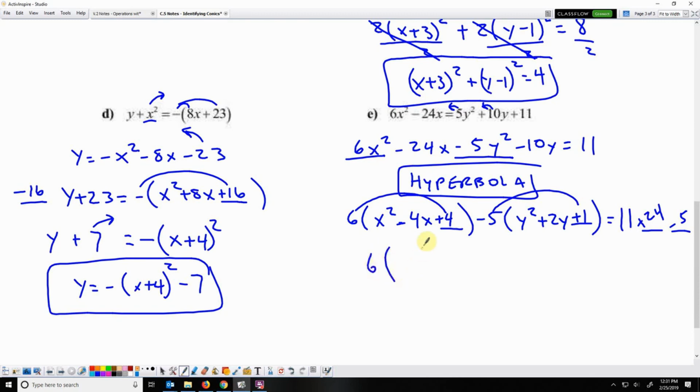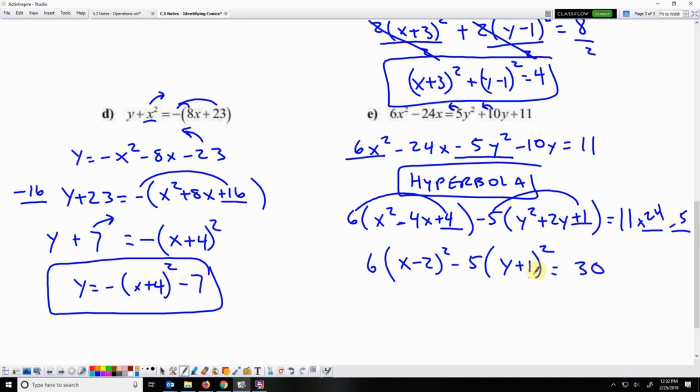Now factored form. Half of b is negative 2. X minus 2 squared. Half of b is 1. Y plus 1 squared. 11 plus 24 minus 5 is 30.